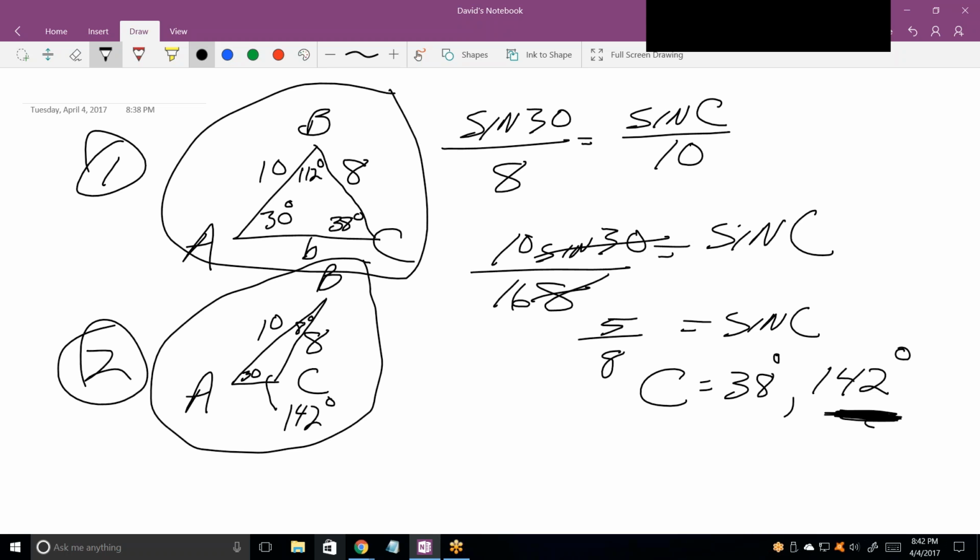And right off the get-go, I don't know whether that's going to be an ambiguous triangle or not. The only time I find out is when I get to this point right here and I figure out that second angle is 142 and it fits. If it had been 152, it wouldn't have fit. And I would cross it out and it wouldn't be in the ambiguous case.